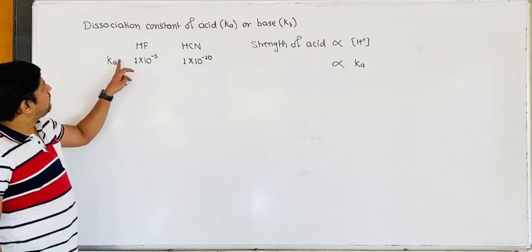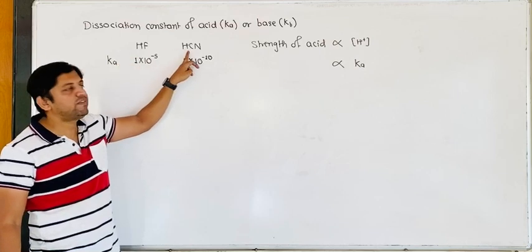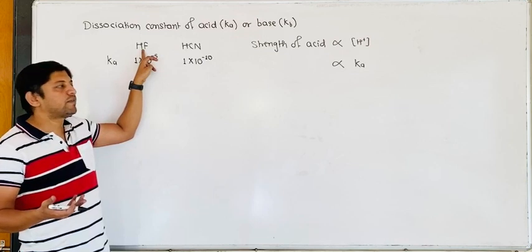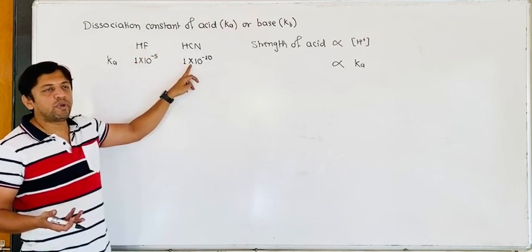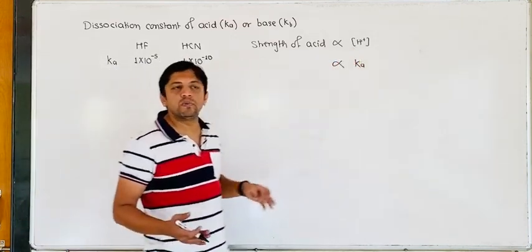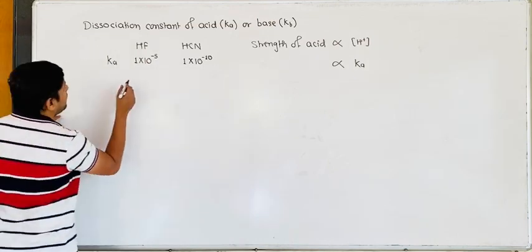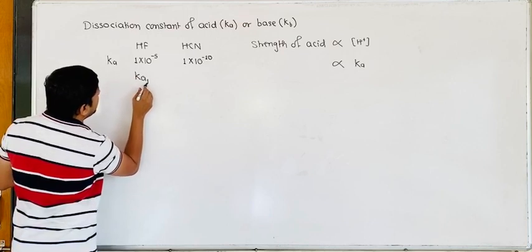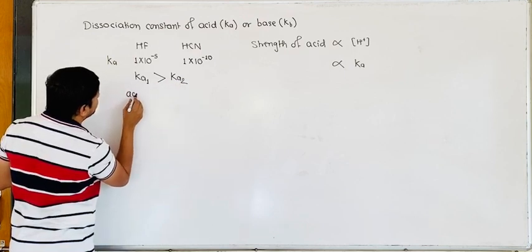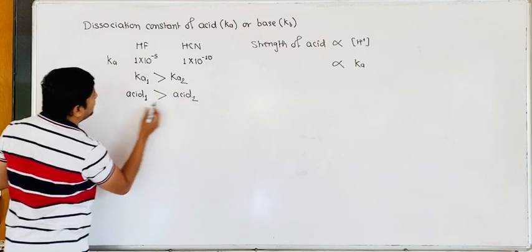So Ka for HF, which is 10 raised to minus 5, is greater than Ka for HCl. This acid HF is 10 raised to 5 times stronger than HCl. Because HCl's dissociation constant is less, it will produce a lesser number of H plus ions in aqueous solution than HF. So Ka1 is greater than Ka2; acid 1 is stronger than acid 2.